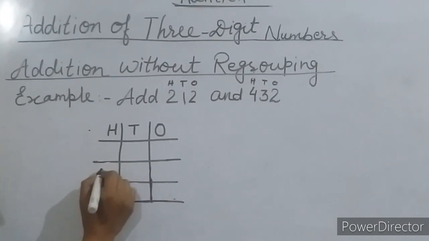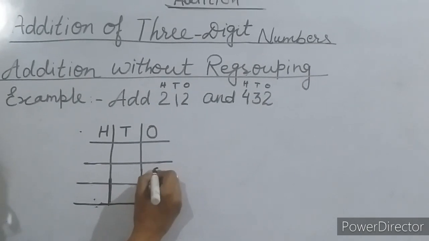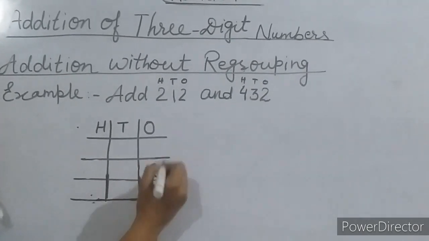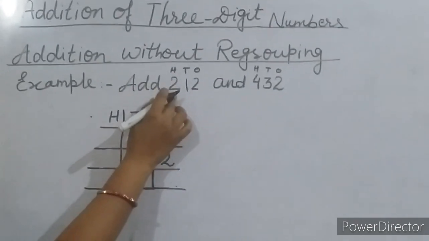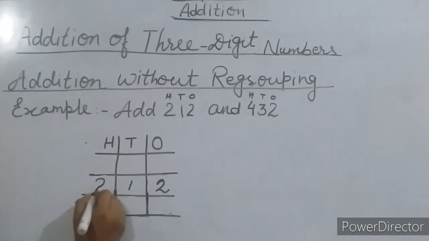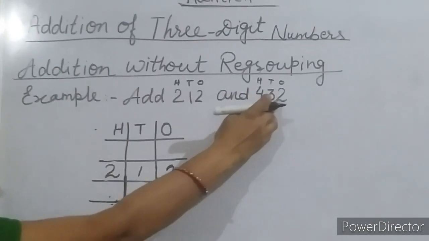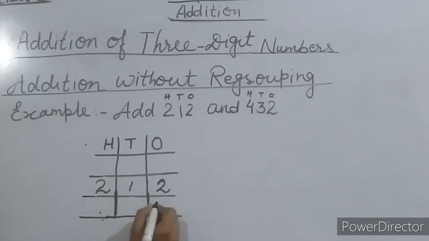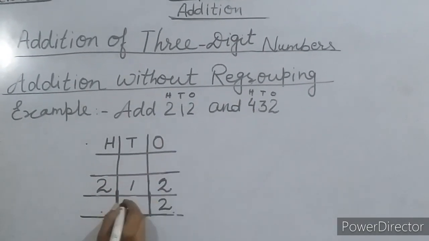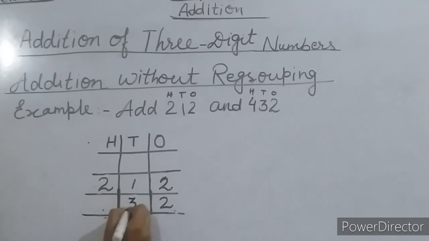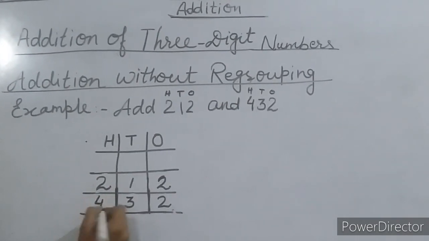Write 2 here in the ones column, 1 in the tens column and 2 in the hundreds column for 212, and again 432: 2 in the ones column, 3 in the tens column and 4 in the hundreds column.